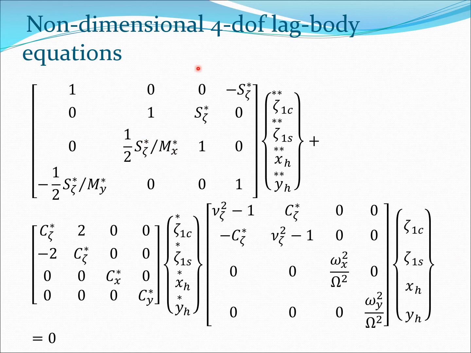So here you have a mass matrix, you have the degrees of freedom here, the acceleration terms, you have a damping matrix, you have the velocity terms here, you have a stiffness matrix, you have the displacement terms here. So you clearly now see that our 4 degrees of freedom were zeta 1c, zeta 1s, xh, and yh, and these degrees of freedom are now present here.